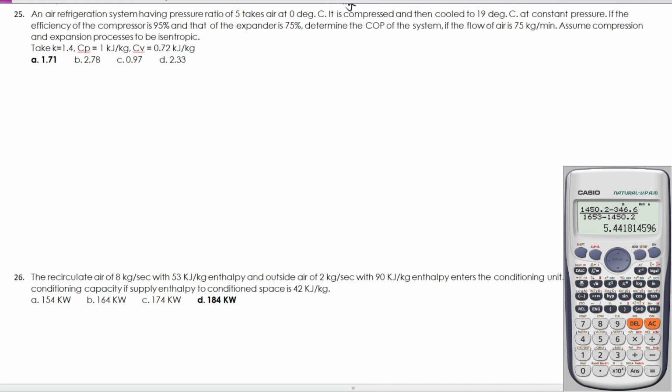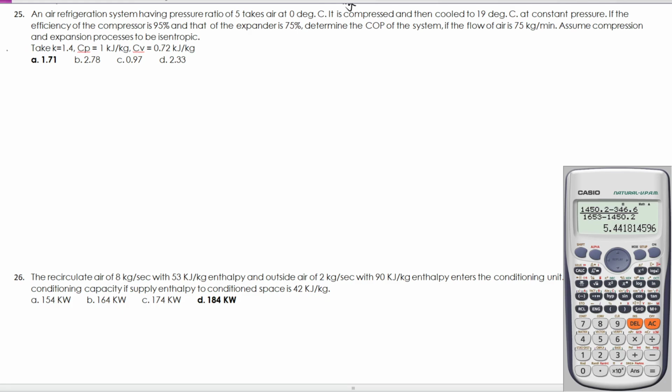It is compressed and then cooled to 19 degrees Celsius at constant pressure. If the efficiency of the compressor is 95% and that of the expander is 75%, determine the COP of the system. If the flow of air is 75 kilograms per minute, assume compression and expansion processes to be isentropic.